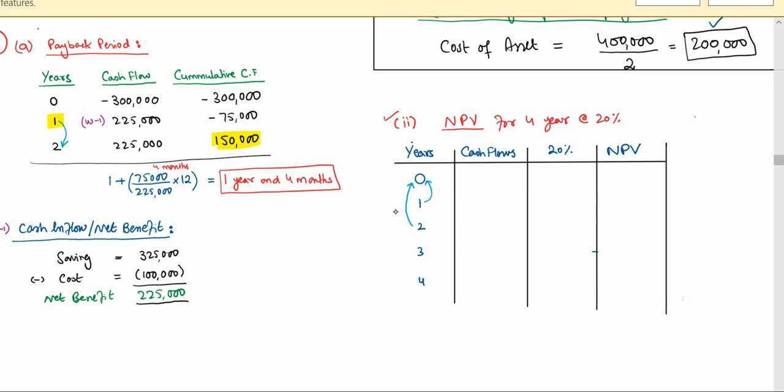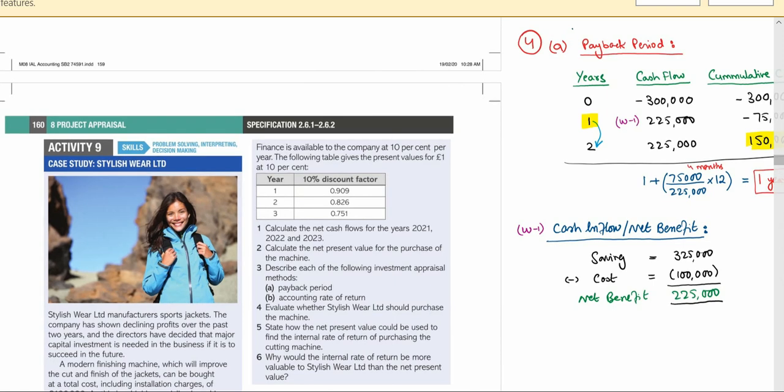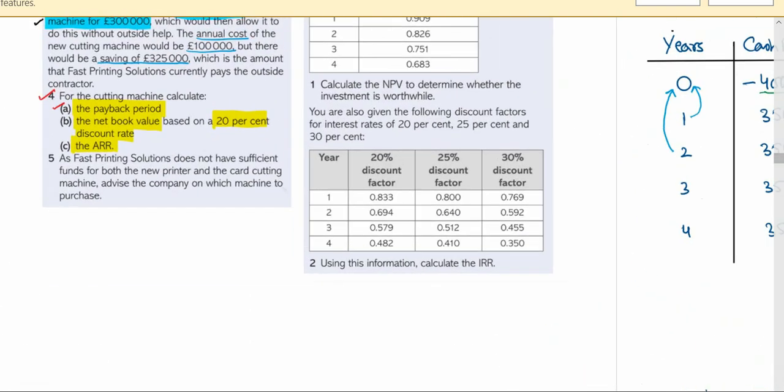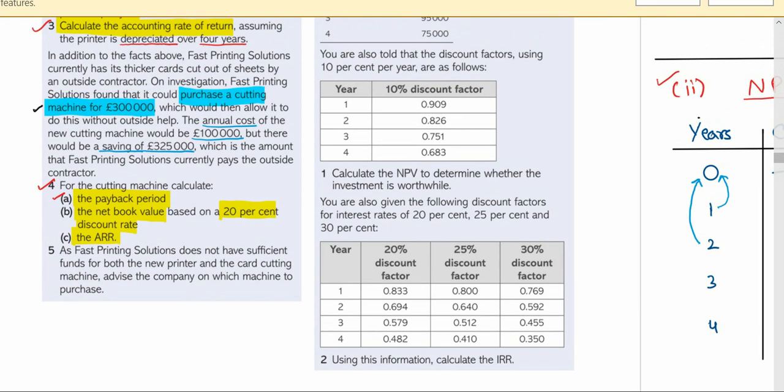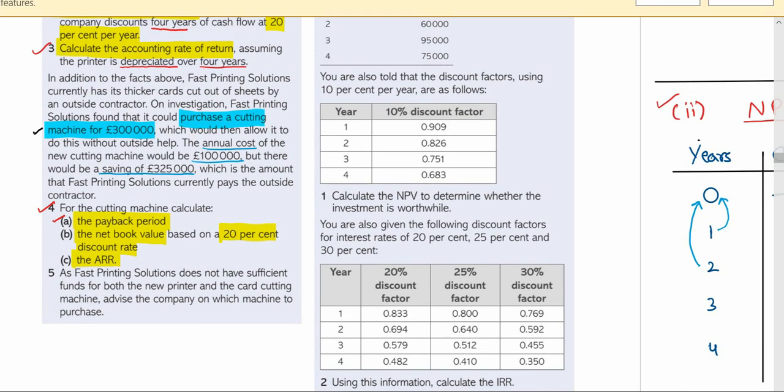Okay, so let's check how many years we are going to calculate the net present value. Just read the question. For how many years? Okay, there is nothing given in the question for how many years we are going to calculate the net present value.